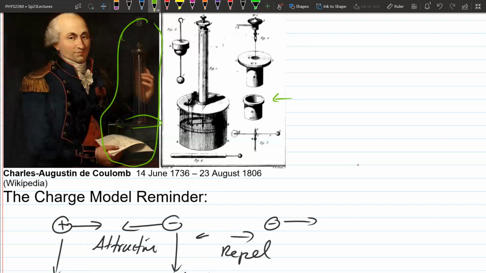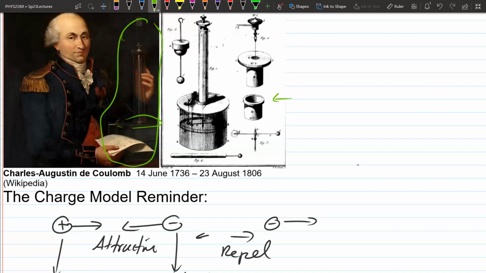Basically, it just hangs there. And what he did is he added some charge onto the inner part, either positive or negative. And then he had some other charge that were moving around. And then he was able to measure, as a function of distance apart from each other, how much force is actually being applied to these little metal balls that he charged up.